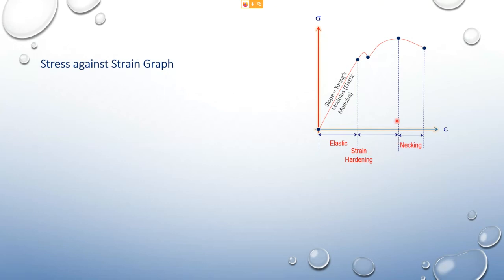Further on, if the object is stressed beyond this point, there is a slight change in the line, and it appears to be a curve until it comes to the last point here where the material will start to break or rupture. This section here, we say the bar will undergo necking.